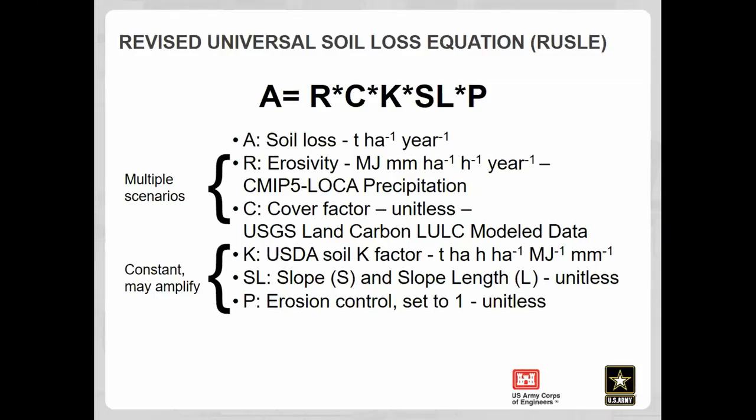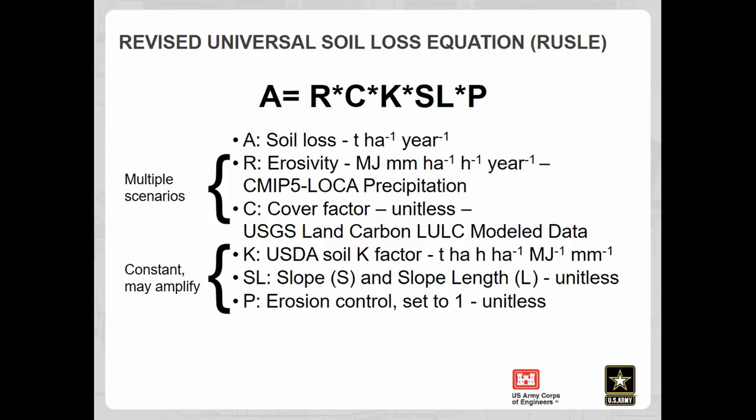And for those two parts of the equation, we used the recently made available Localized Constructed Analogs precipitation from the CMIP5. The advantage of using LOCA is that it's got better orographic precipitation representation. And then we used some USGS modeled future land use, land cover data that was part of the National Climate Assessment. The constant parts of the equation are the soil K factor, which is a measure of soil cohesion, and then slope and length, which is a measure of how steep your terrain is, and therefore how much erosion potential there is.